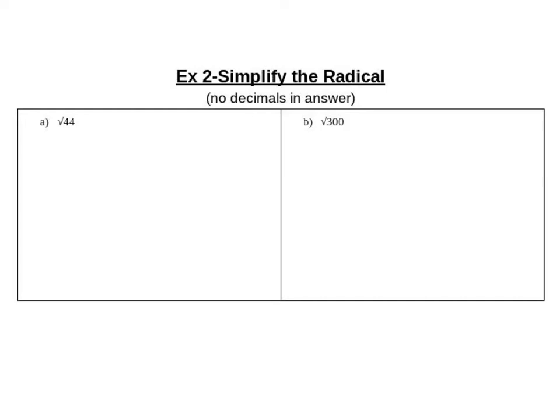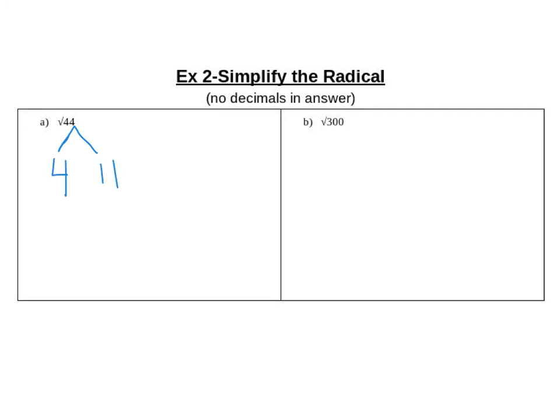Okay, so let's put that knowledge to work here. If you're simplifying the radical, this is going to be with no decimal, so it takes away from just plugging it into your calculator and spitting out those irrational decimal answers. The easiest way is going to be using prime factorization. If we look at 44, we're looking for some type of perfect square.